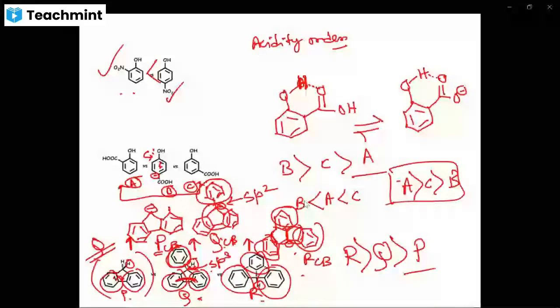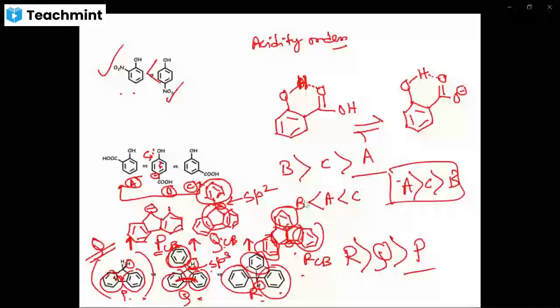So that's why the stability gained here is higher compared to P, because in P, two rings were in conjugation with one another in the ground state. In the conjugate base form also two rings are in conjugation. There is no extra ring, right? So this is the reason why R is most acidic, then Q, then P. Understood?